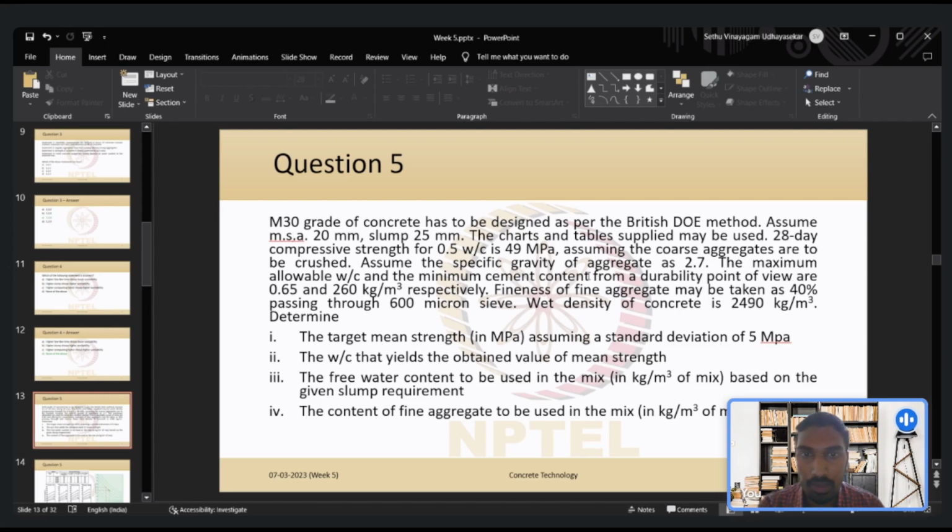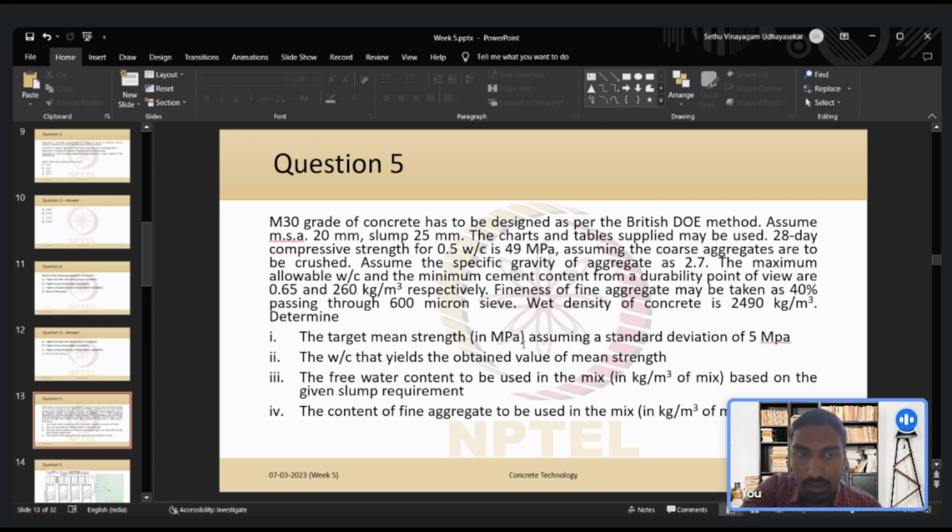So we are given the durability requirements in terms of the maximum water to cement ratio and the minimum cement content, and the fineness of the fine aggregates is 40% passing through 600 micron sieve, and the wet density of the concrete is 2490, right?